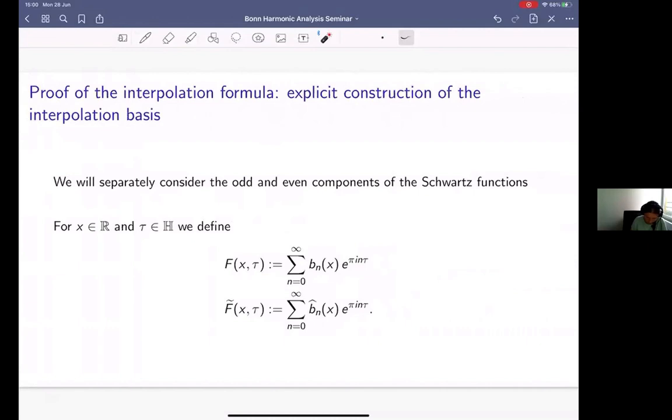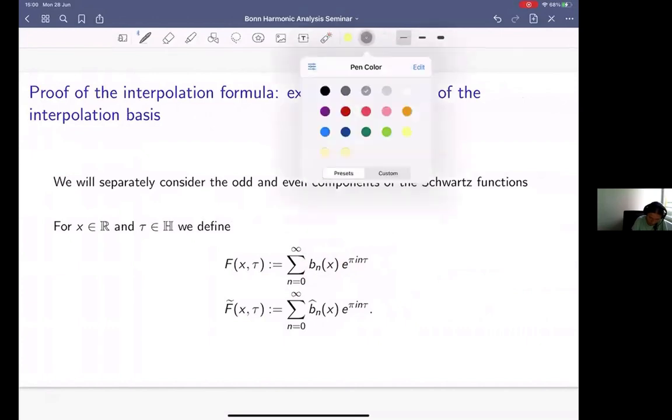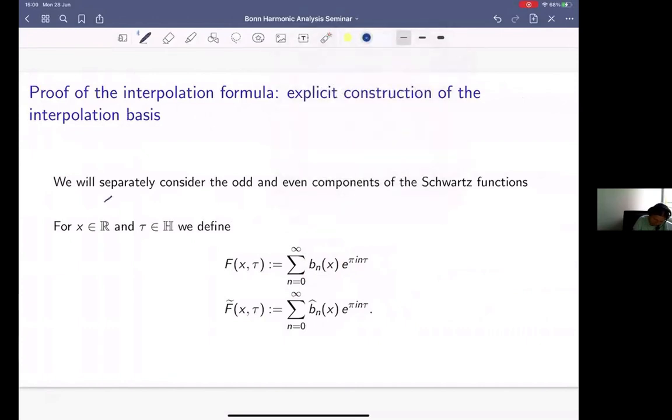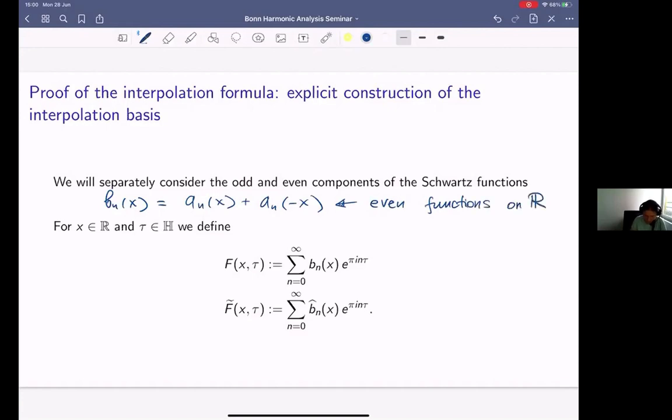Here, these functions Bn would be the odd parts of our interpolating basis. So Bn of x, they would be even functions on the real line.